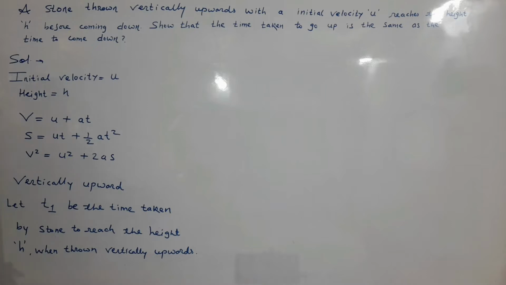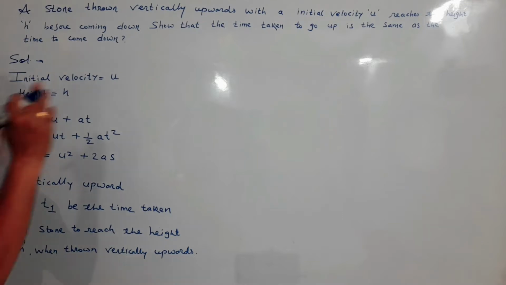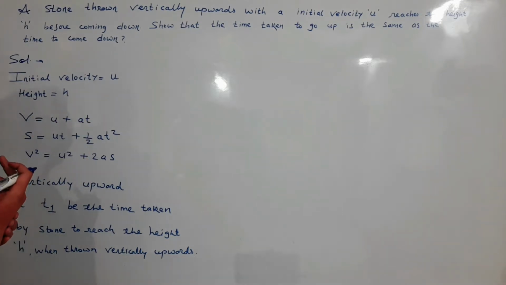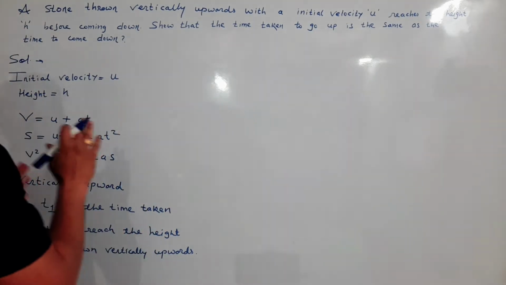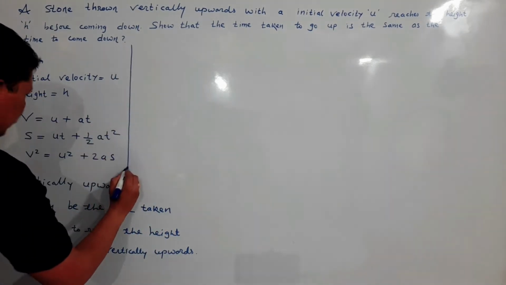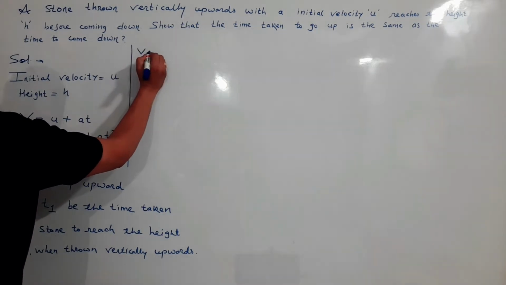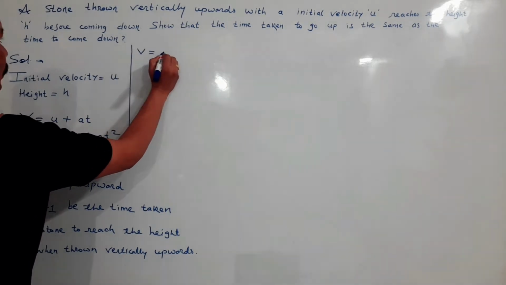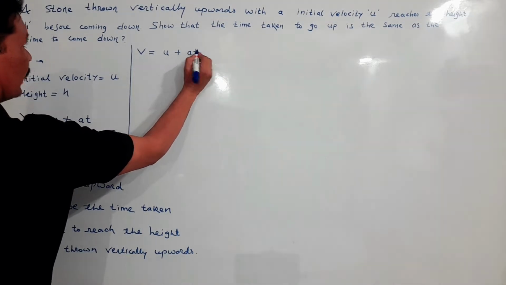Now my dear student, here we have to find the time and the initial velocity is given. So we can make use of the relationship between initial velocity and time, using the kinematical equation v = u + at.